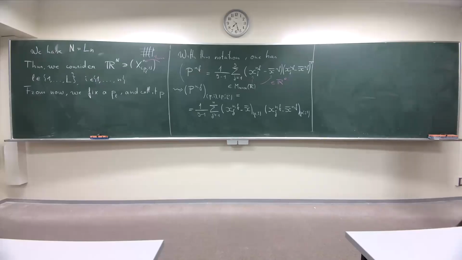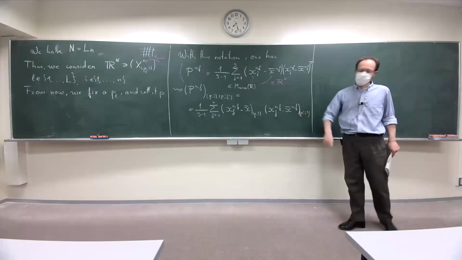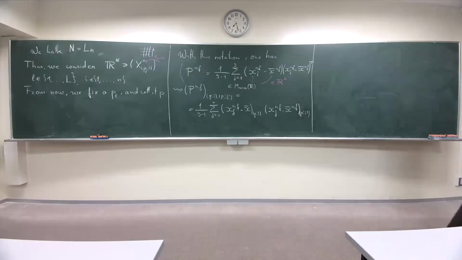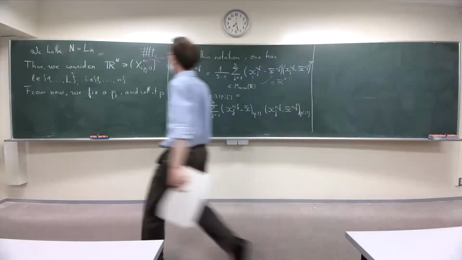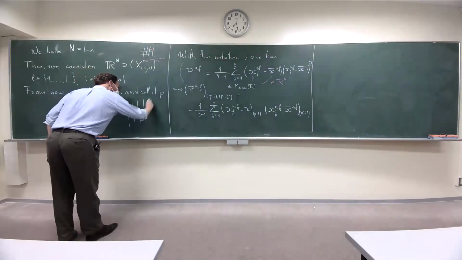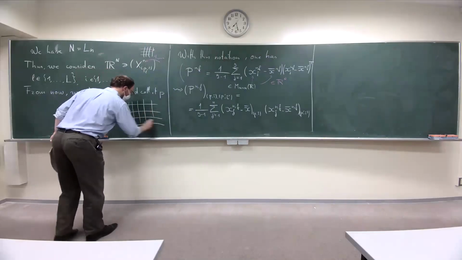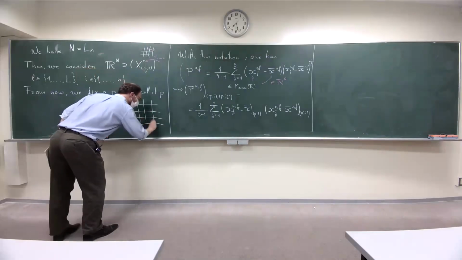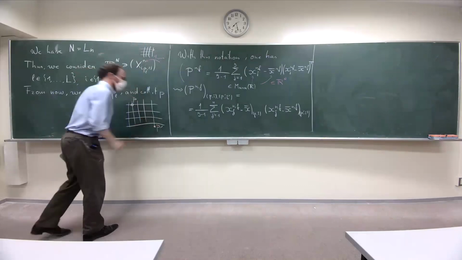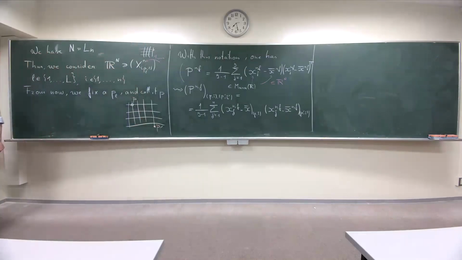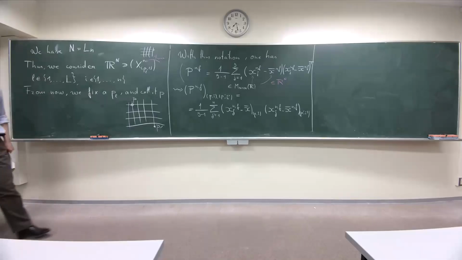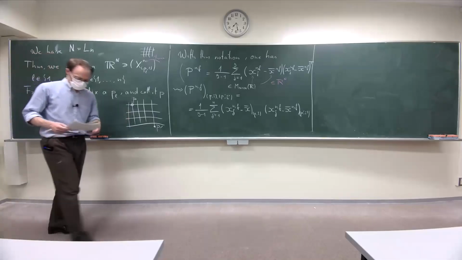But the point is precisely that I don't want to keep this correlation matrix like this, because if P and P prime are far away from each other, now it's meaningful. If P is here and P prime is here, I don't want to have a big correlation between them. So I want to do something to reduce the correlation between P and P prime.